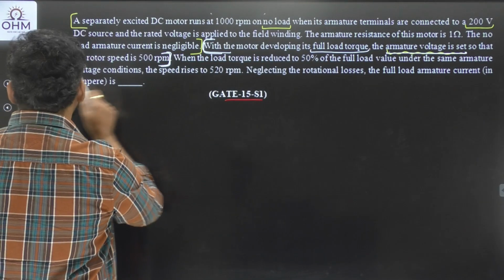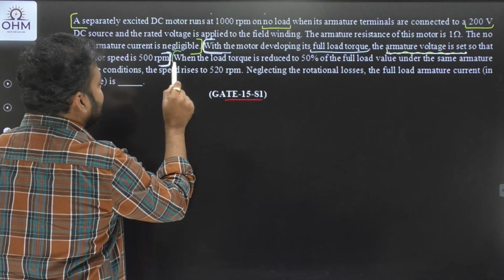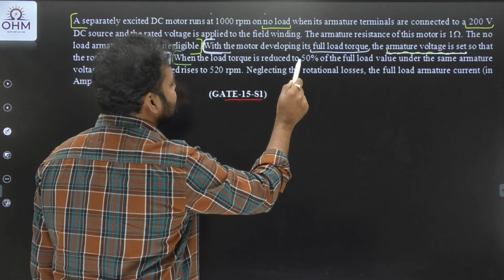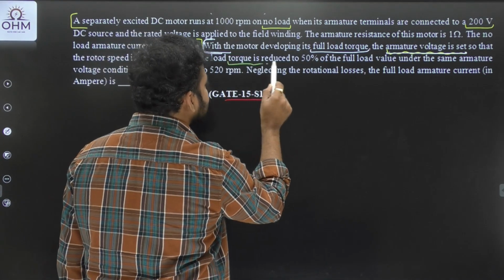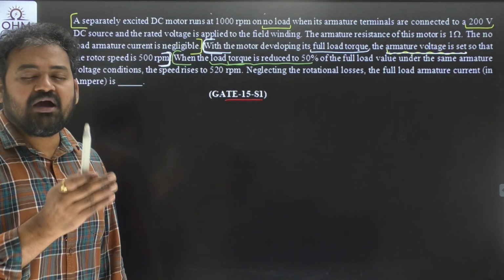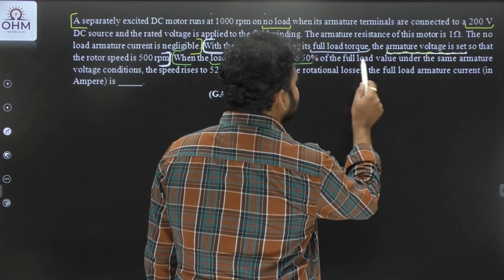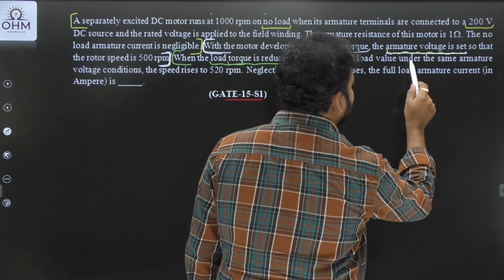Now the third case will start here. You see that. What is the third case? Yes. When the load torque is reduced to 50%. See, clear information. This time the torque is reduced to 50%, that is the half load torque condition. 50% of full load value under the same armature voltage.